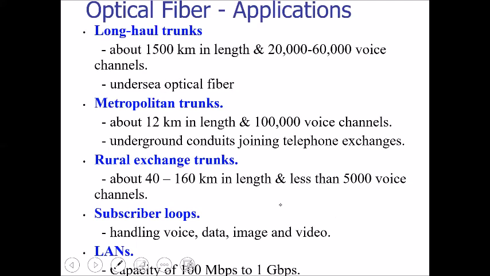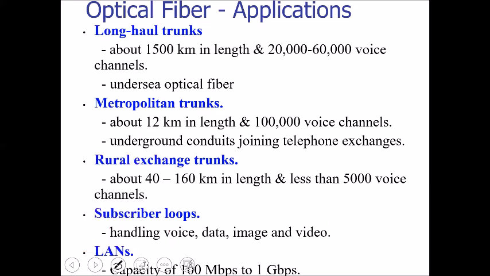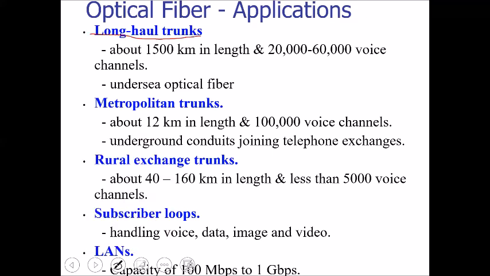Right, so fiber optic cables are actually used in different types of networks. So far we have looked at some network types like LAN, WAN, MAN, PAN. These were some of the network types that we looked at previously. And here you will get yourself familiarized with some new terminologies for networks. So you have long haul trunks, metropolitan trunks.